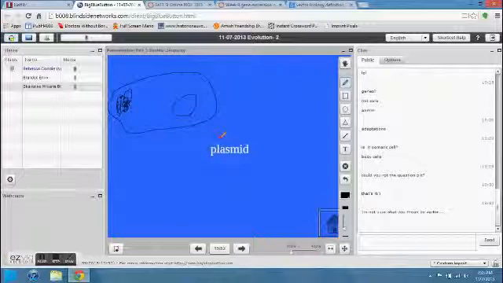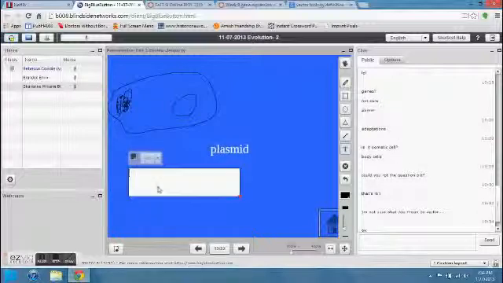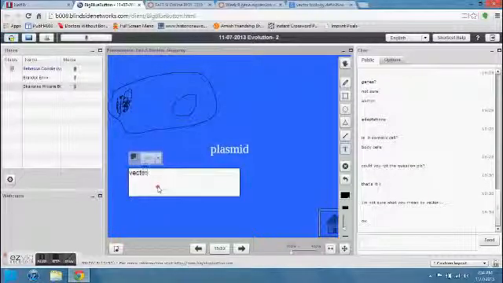The reason it's a vector or a carrier is because you can take that plasmid out and insert human genes into it. For instance, the gene for human insulin production. And once it's added in, you can put it right back into this bacterial cell and it'll replicate itself over and over again. Pretty cool. Yeah, it's way cool.